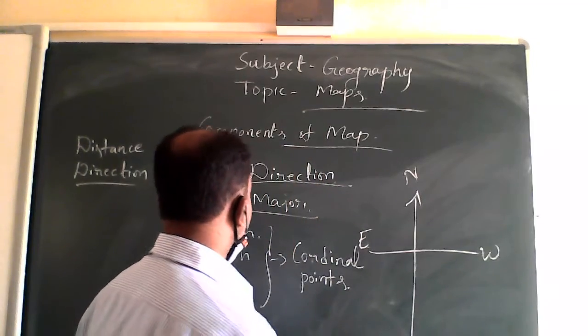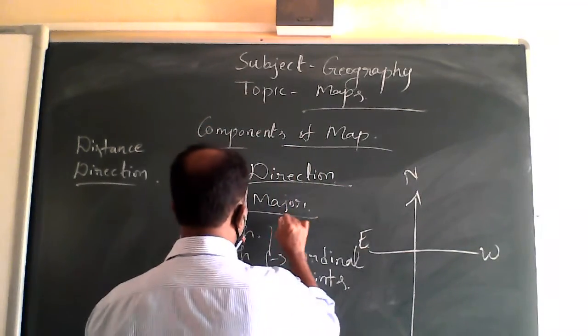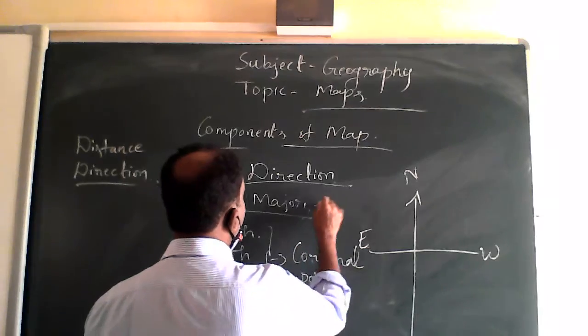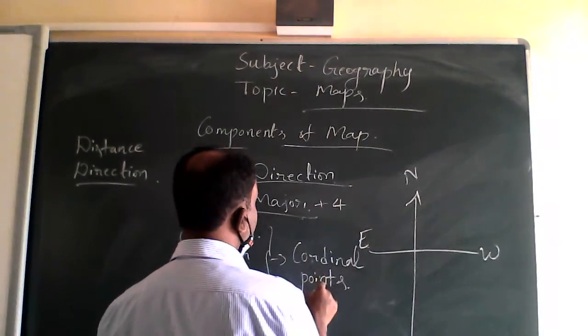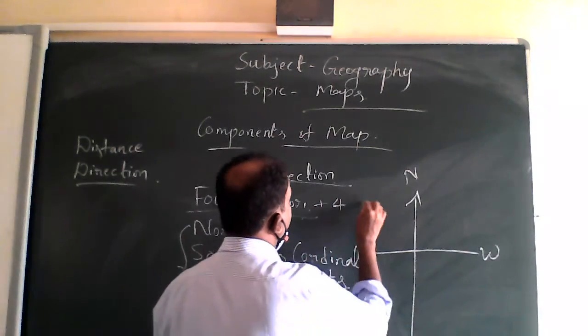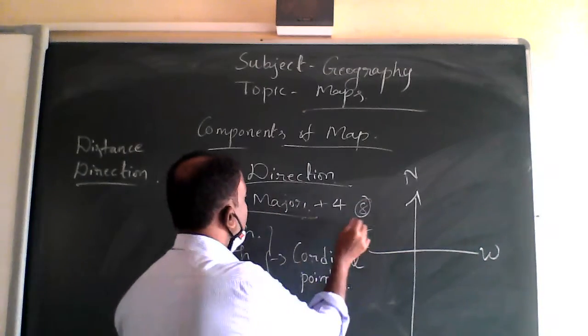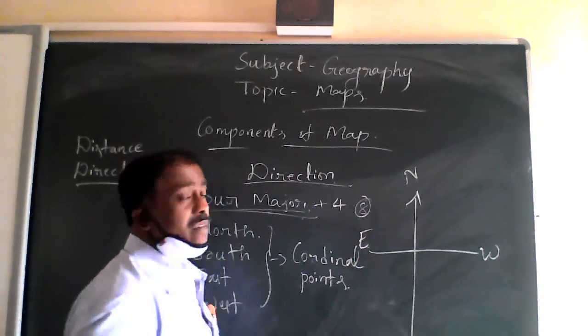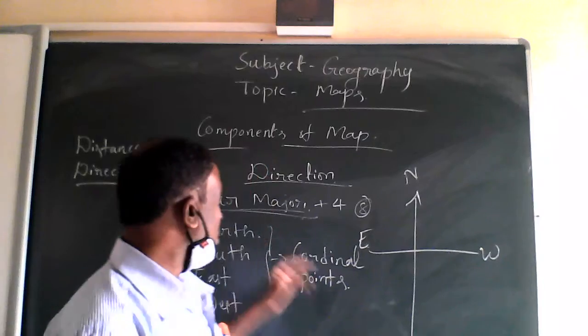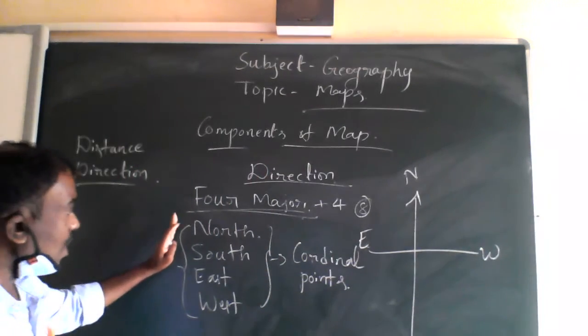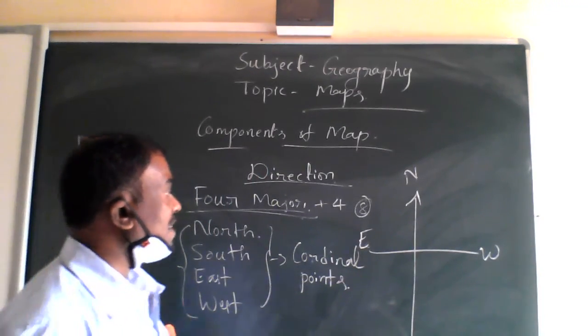So actually there are four major directions, plus four more. So there are totally 8 directions, but out of 8, four are major directions. Those four major directions are north, south, east and west.